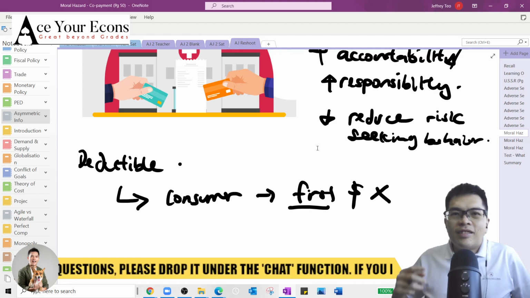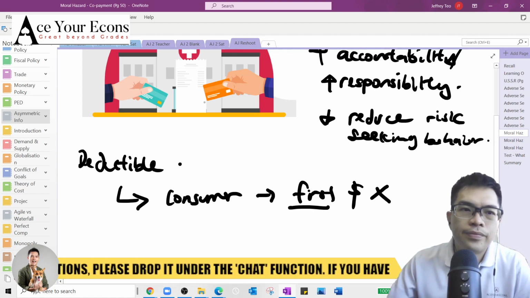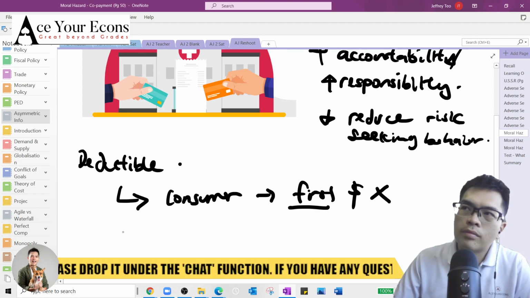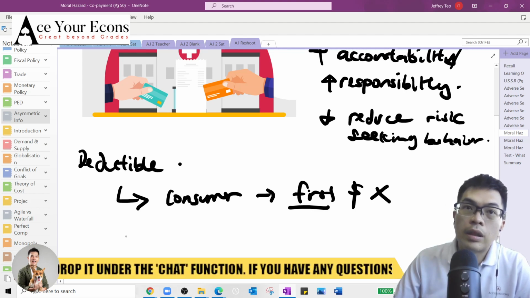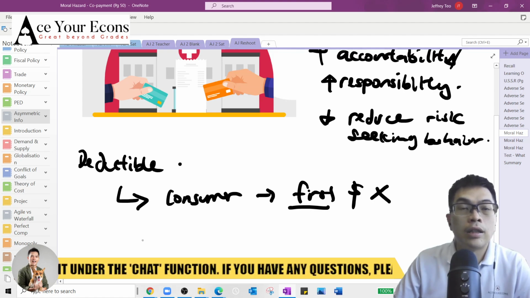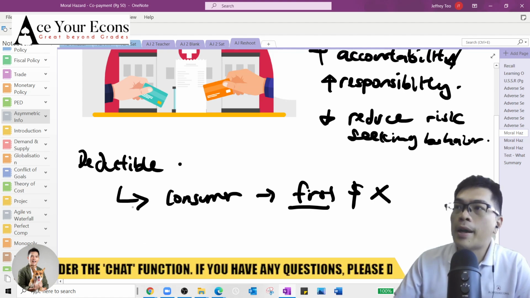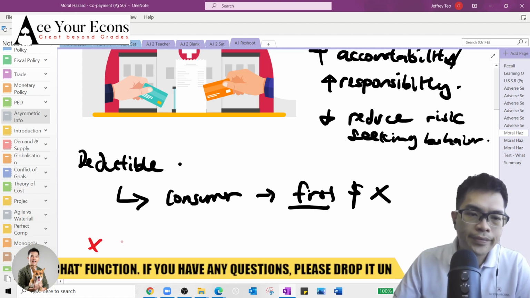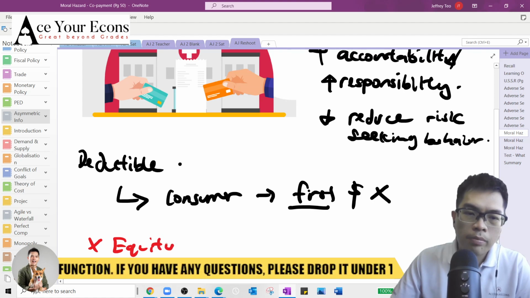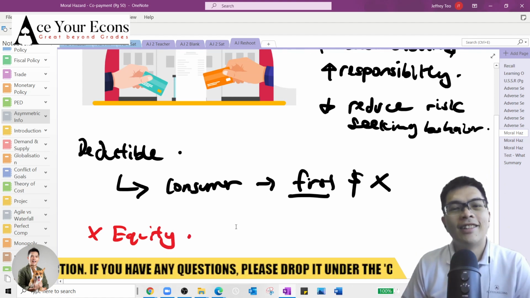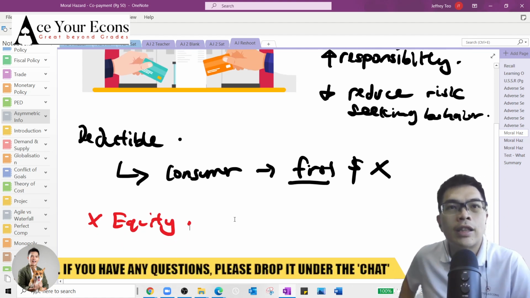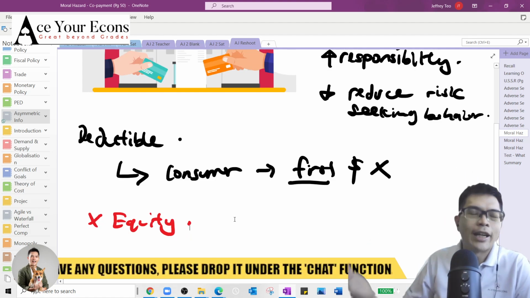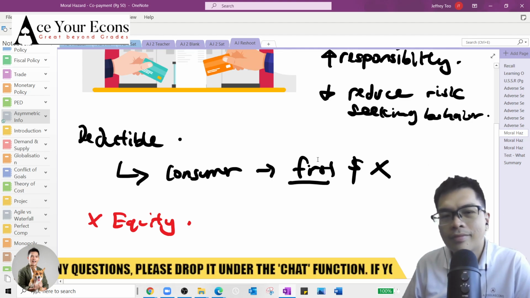The amount that the consumer pays might not dissuade them from engaging in risky behavior because maybe the cost is too low. So it depends on the cost as well. More importantly, you want to look out for equity. Because they have to fork out money out of pocket, this is going to worsen equity.